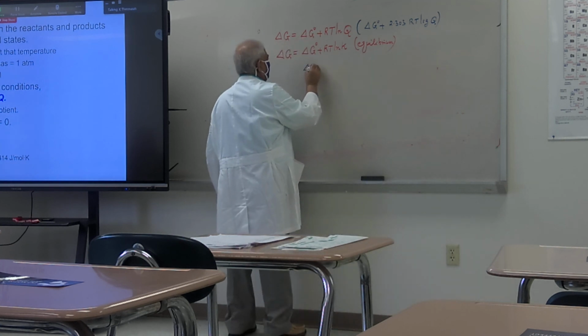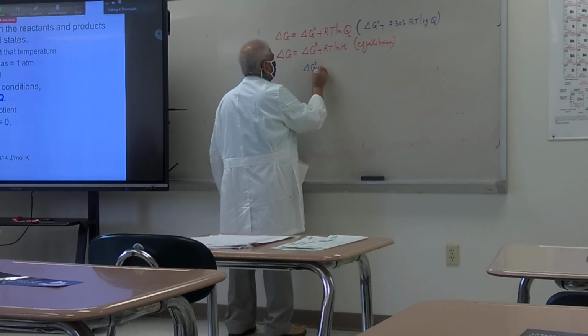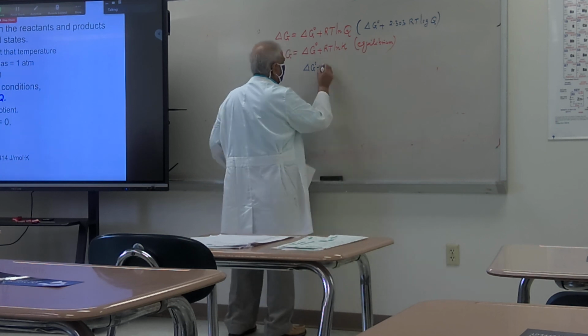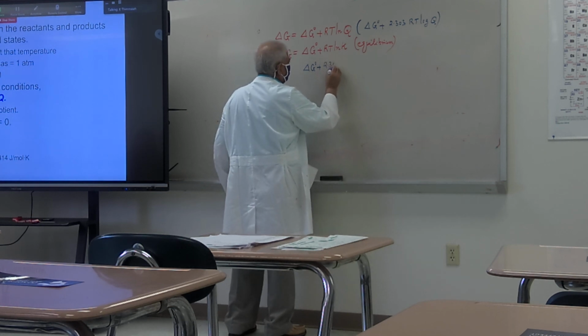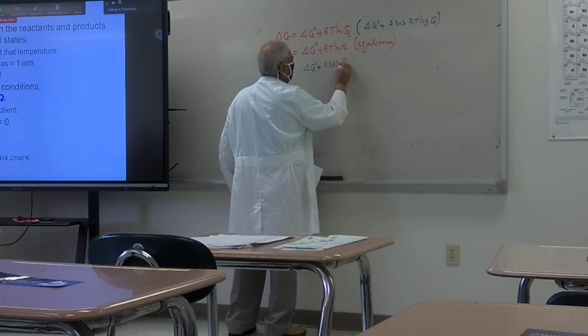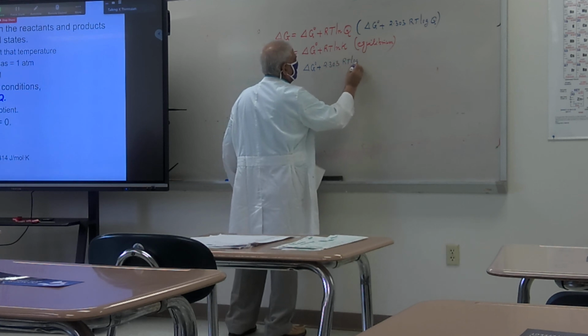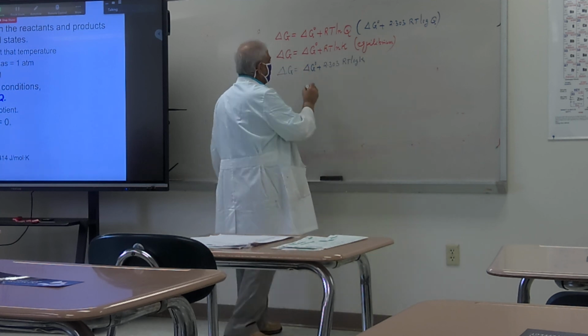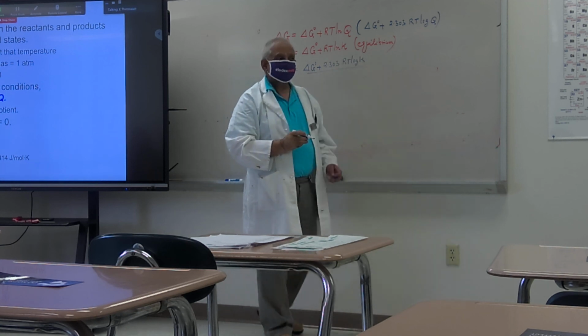And here, delta G0 plus 2.303 RT log K. You have to remember these equations, okay? Got it? Your life becomes very simple.